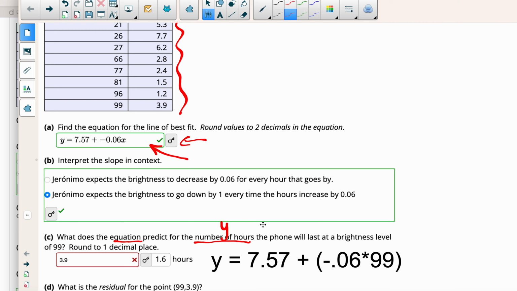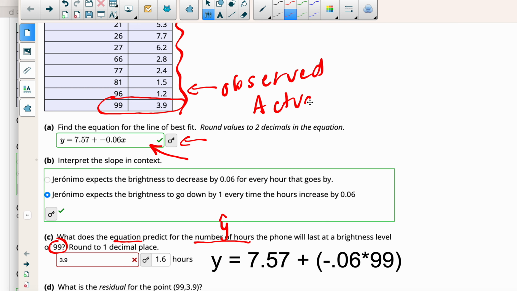Here's that equation to predict number of hours the phone will last. That's your Y value. It's going to predict that given you put in a brightness level, in this case of 99. What you did was you looked at the actual value from the table. This is your data that you observed, or that you actually saw, your actual data.